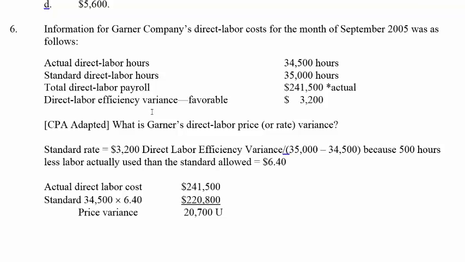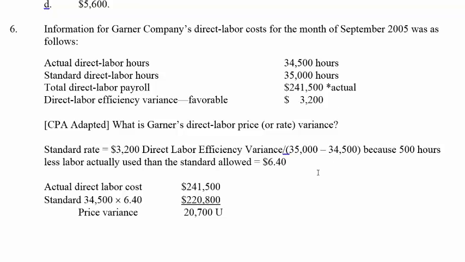And they have given us what portion of that is related specifically to efficiency variance. $3,200 is related to a favorable efficiency variance. They want us to now go and pull in the numbers and calculate the other side of that. How much is the price or rate variance?